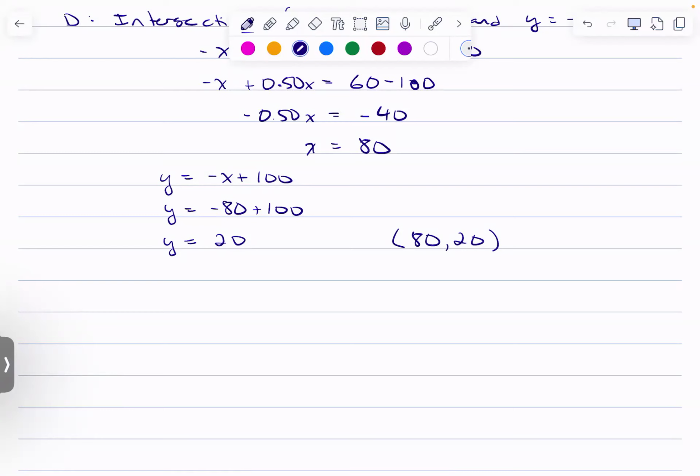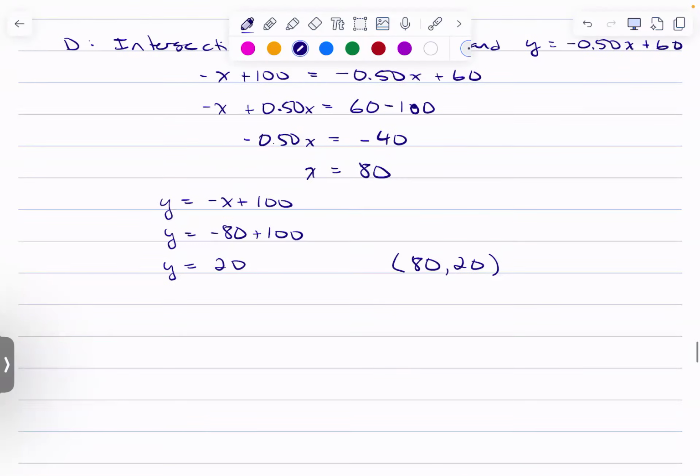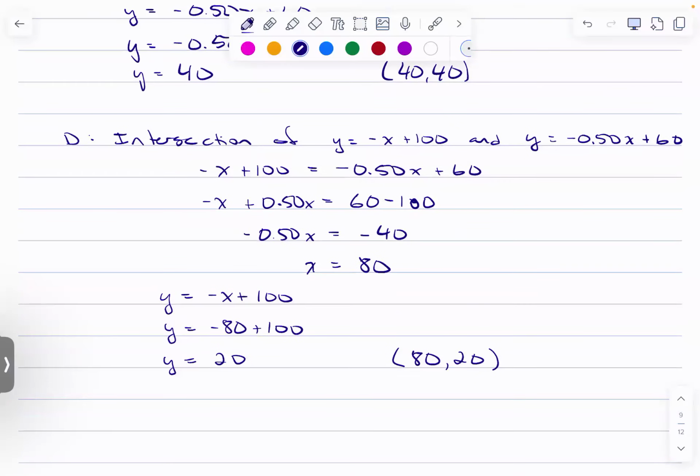I guess this is a good time to say, if you have a calculator that solves for these intersections, which I know mine does, a lot of them do, and you use your calculator, that's fine, but you have to write me a note. Using my calculator functions, I found this to be the intersection. You can spend all your weekend figuring out how to make your calculator do it, or you can just do it.